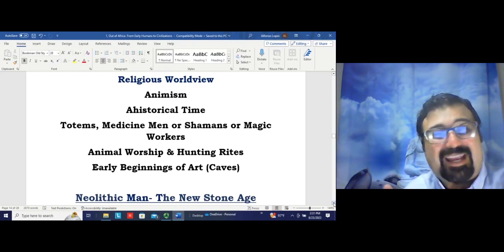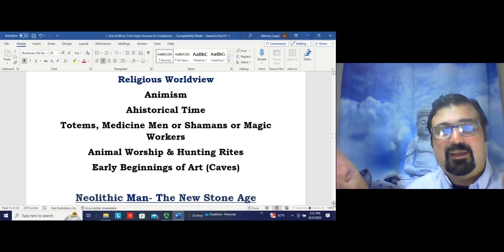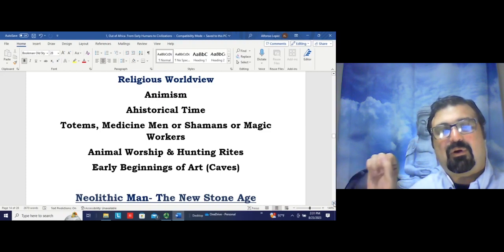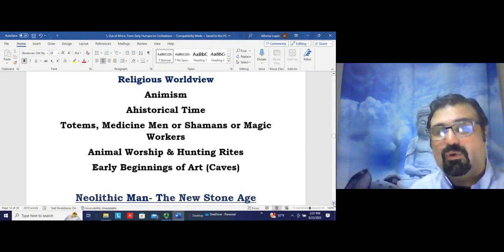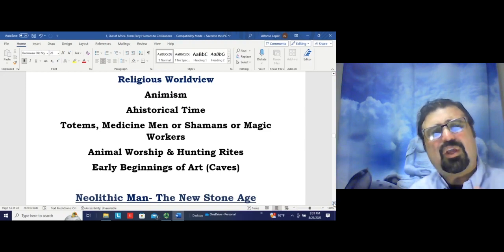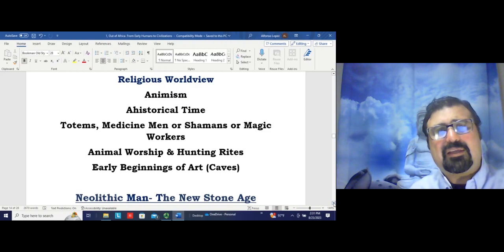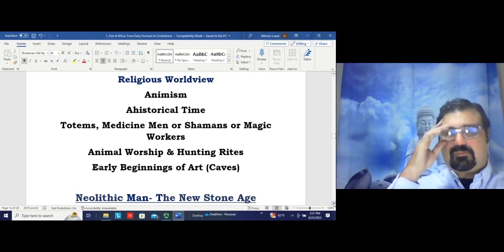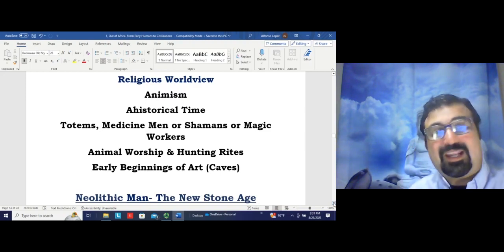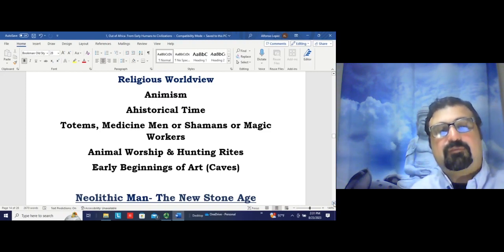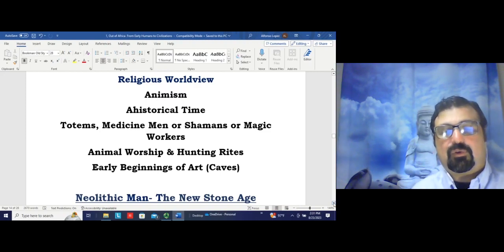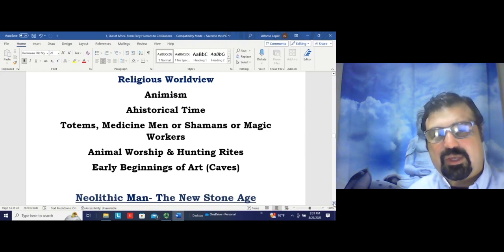Even the ritual of spellbinding the soul of the animal onto the object or totem was called magic. So they're the magic workers as well. So we're going to see very early on the emergence of the very first religious leaders who are performing the very first rituals, if you will, in world history.